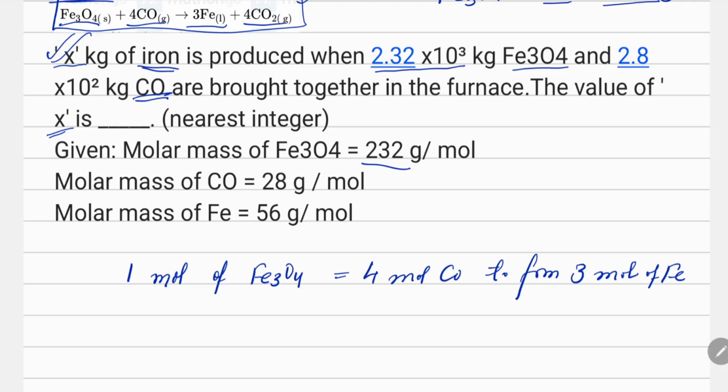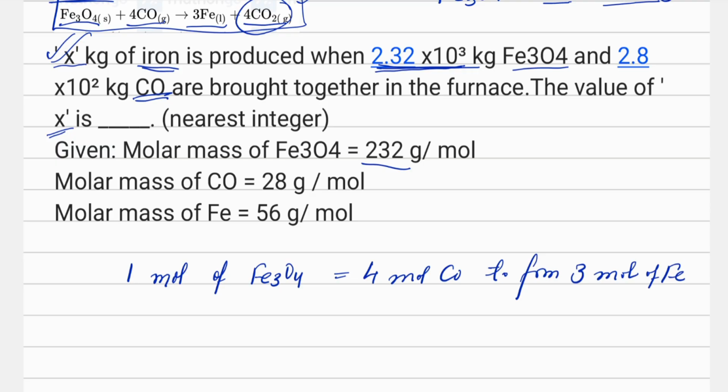We are only concerned with this much; we do not need carbon dioxide here. We have to see, from the values given to us, which one is the limiting reagent. That's how we can calculate the mass of a product.